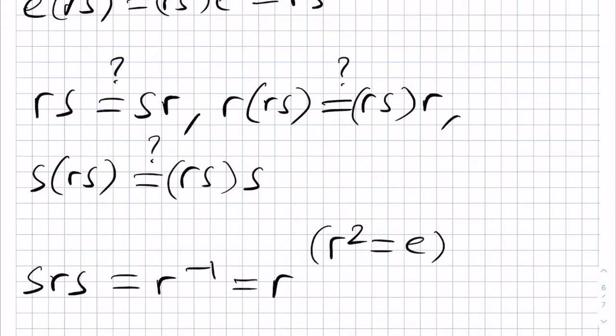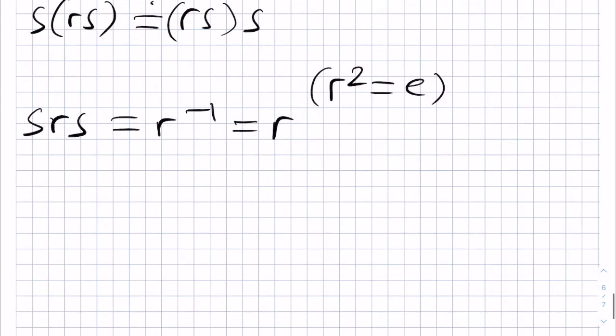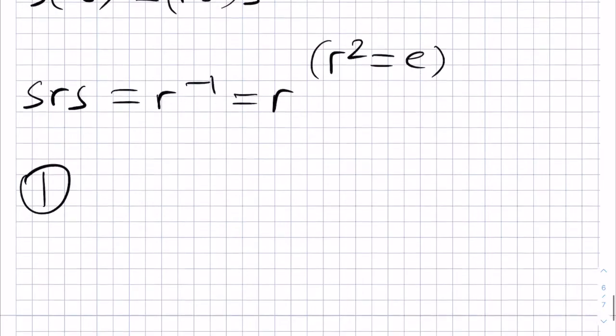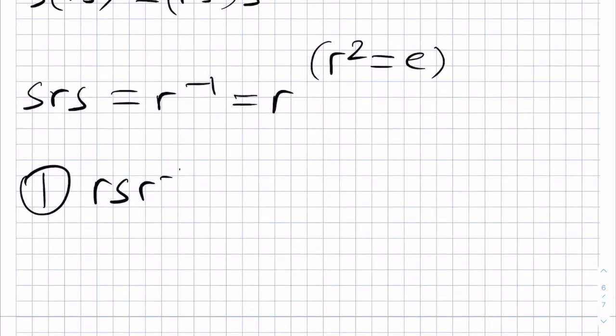So to check firstly that rs is equal to sr, consider moving everything onto one side, i.e. putting this r over here as an r inverse and putting this s over here as an s inverse, and then we need to check that we get e, i.e. we want to check for the first one that we have rs r inverse s inverse as being equal to e.